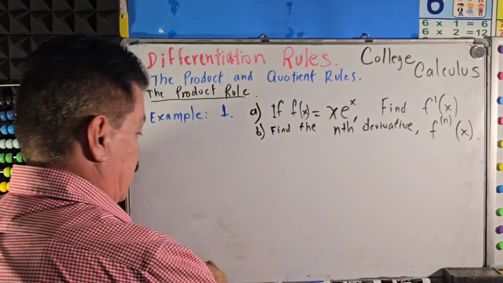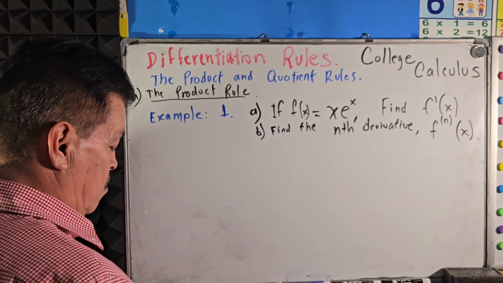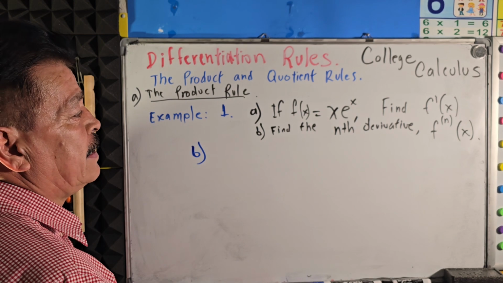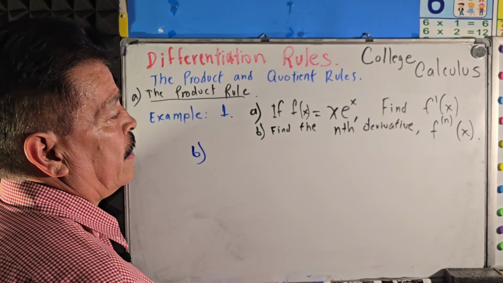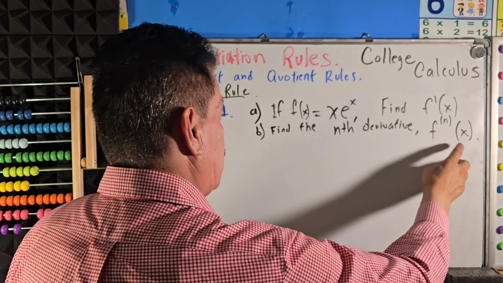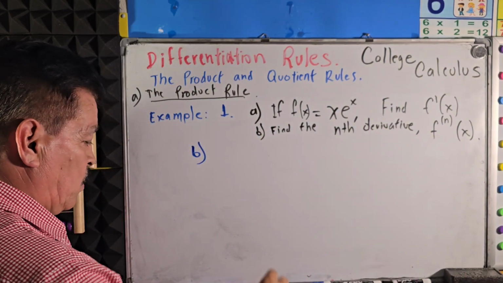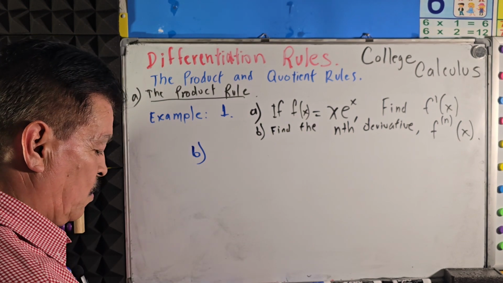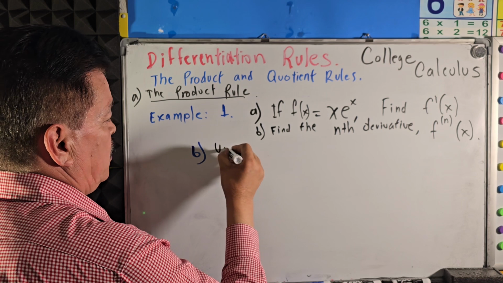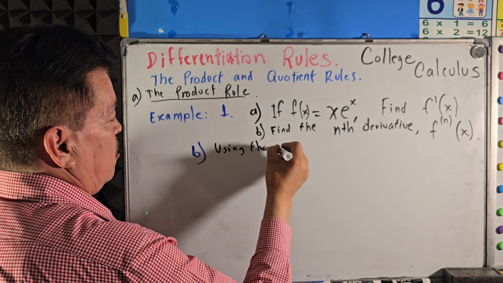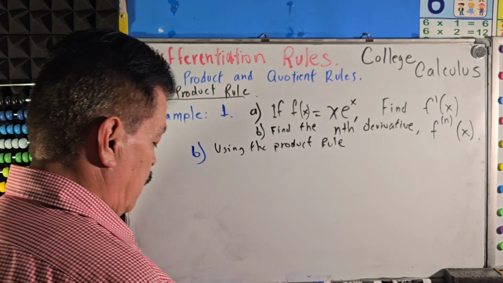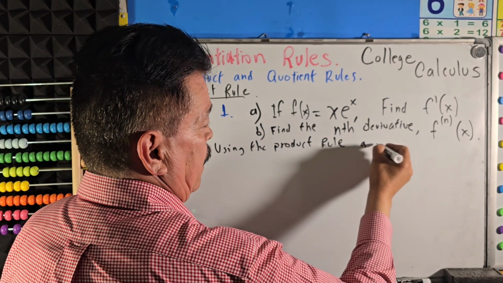All right, now let's solve B. Question B: find the nth derivative, f to the n power of x. Here we have to use the product rule a second time.